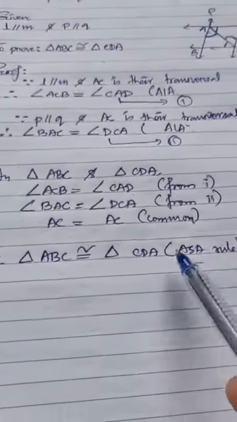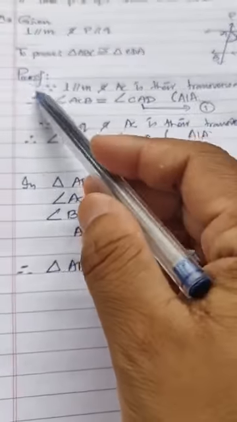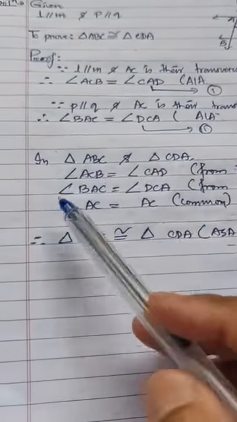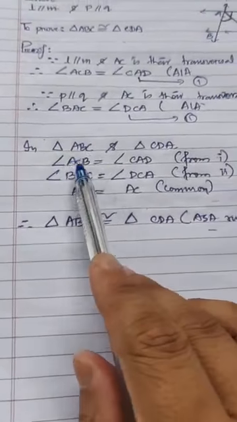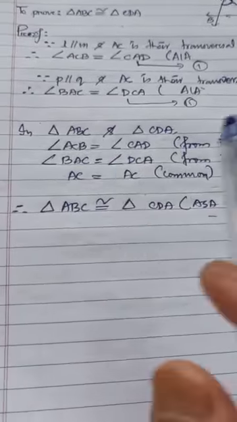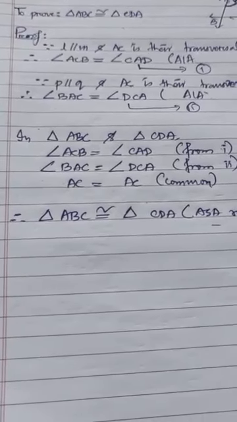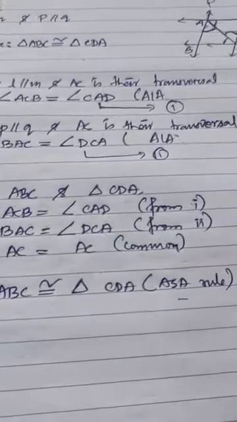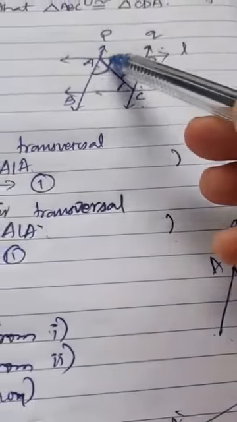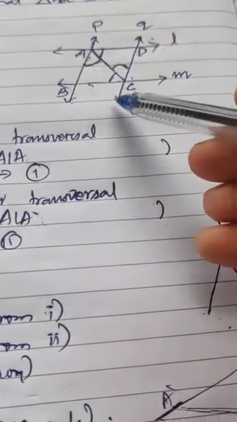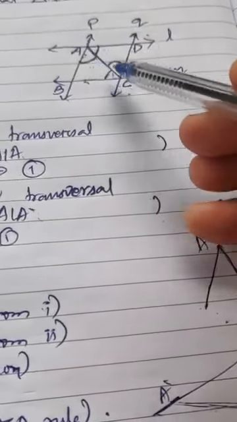Instead of writing from here to here, you can directly start from here. Every time, in triangle ABC and triangle CDA, yes, you'll start with this. Then angle ACB equals angle CAD. See the diagram, ACB and CAD, that means this angle and that one.